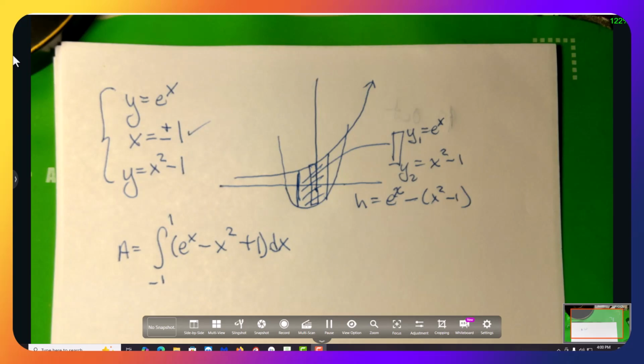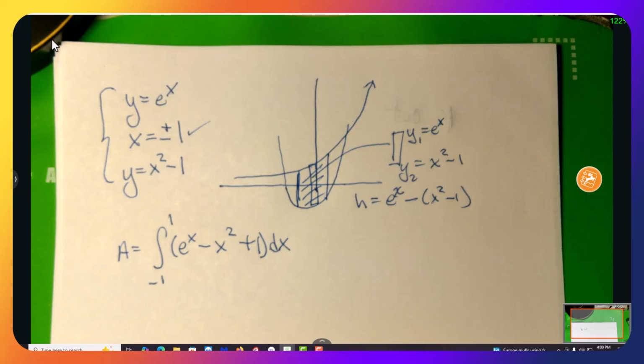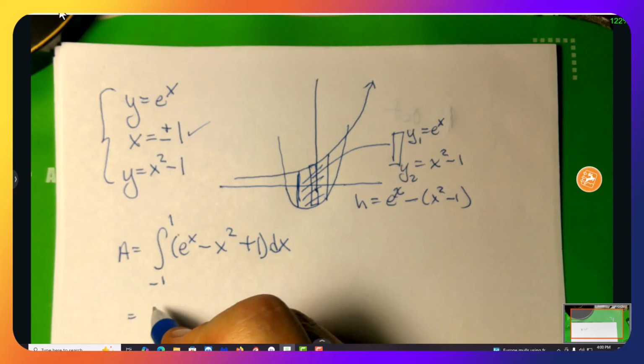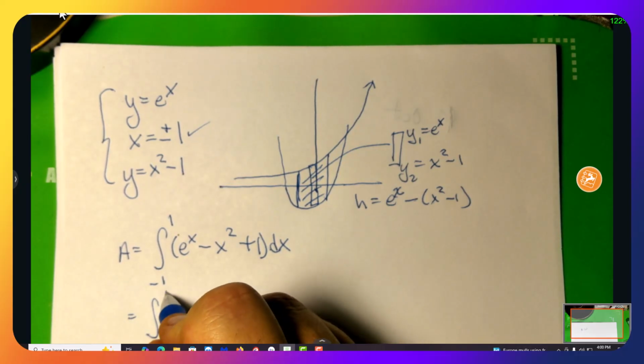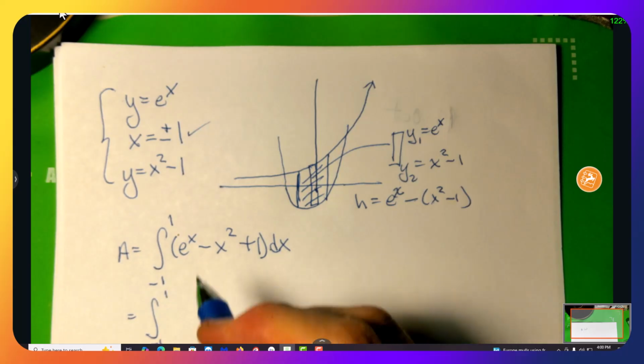Now we can anti-differentiate all of these and it's not bad. However, I'm going to use the property that the definite integral of a sum or difference is the sum or difference of the definite integrals.